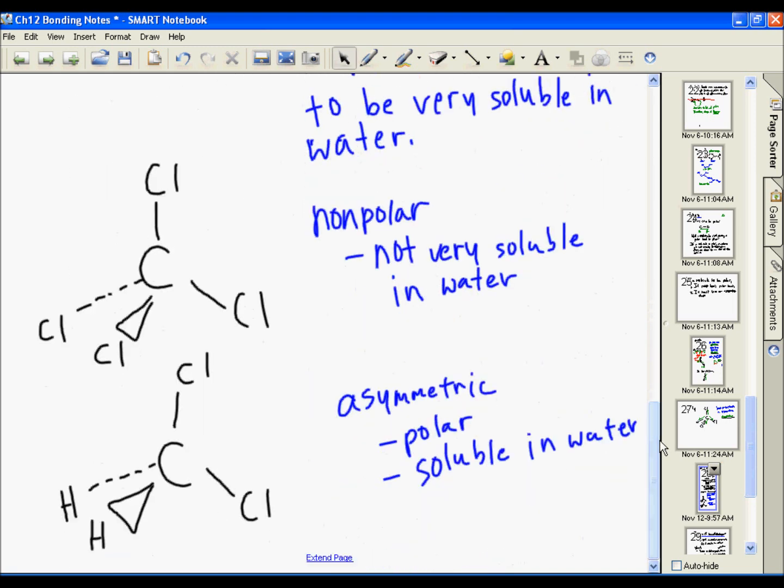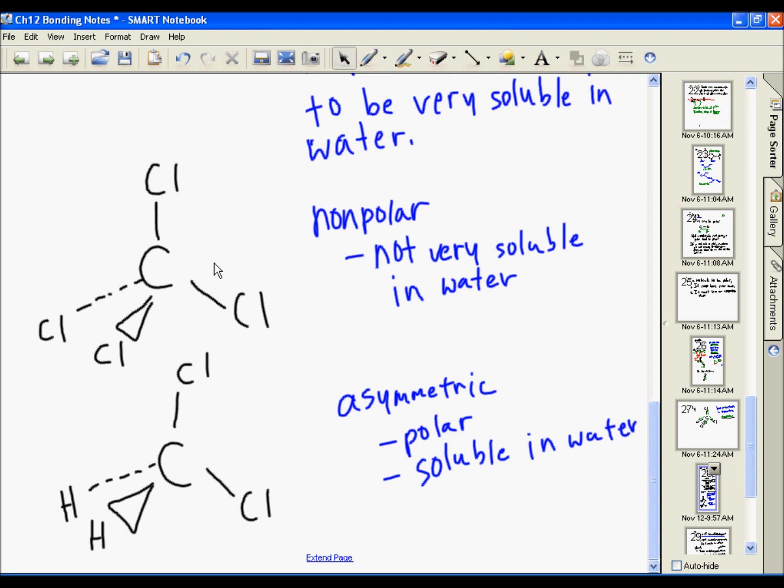A couple of other examples. We looked at carbon tetrachloride. We found it was nonpolar. And in fact, the reality is it isn't very soluble in water. If you put carbon tetrachloride and water together, you'll get one layer of carbon tetrachloride, one layer of water. And in fact, this compound is used to do chemical separations with water.